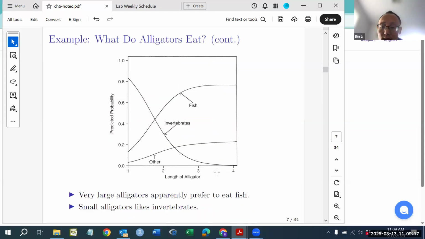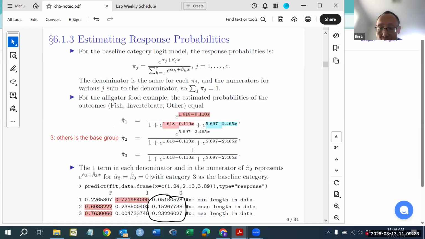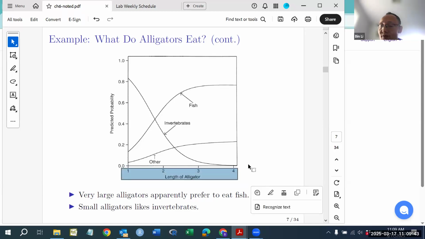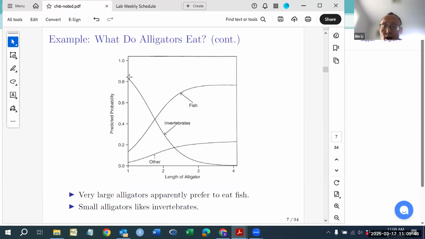and this shows the estimated probability curves. So here we only have three numbers: minimum, mean, and the maximum, right? But we can also predict the probability in very fine grain, and then we can connect those points for the estimated probabilities. So you can see that when the length of the alligator is small, invertebrate is dominant.